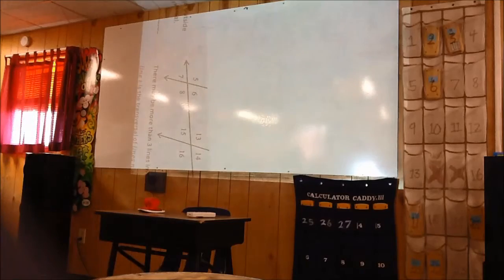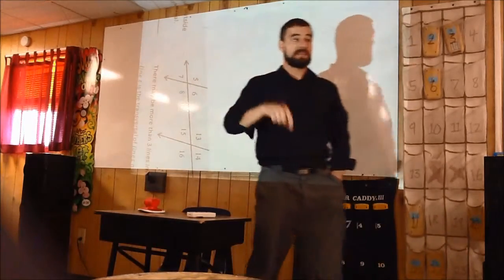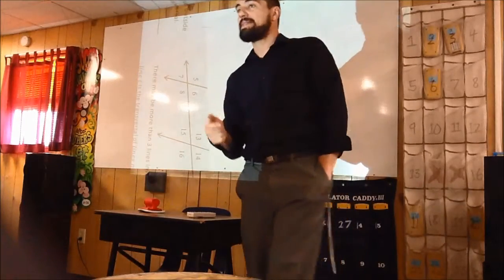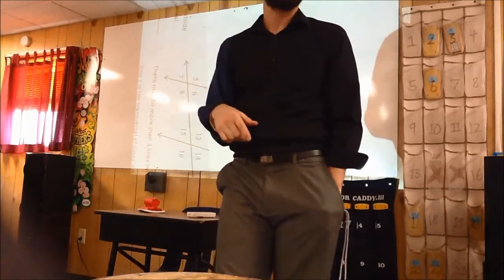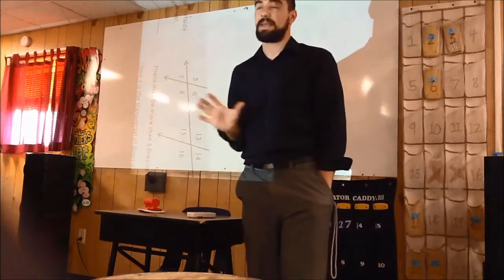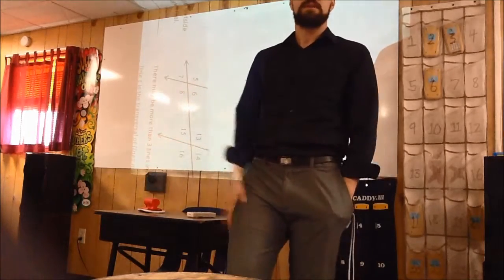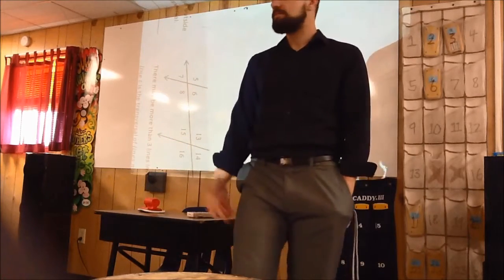Same side interior angles. Some textbooks and some teachers are going to refer to those as consecutive interior angles. Our Springboard textbook calls them same side interior angles, so I'm going to be consistent with that. And also I think it's a little bit easier, same side rather than saying consecutive.